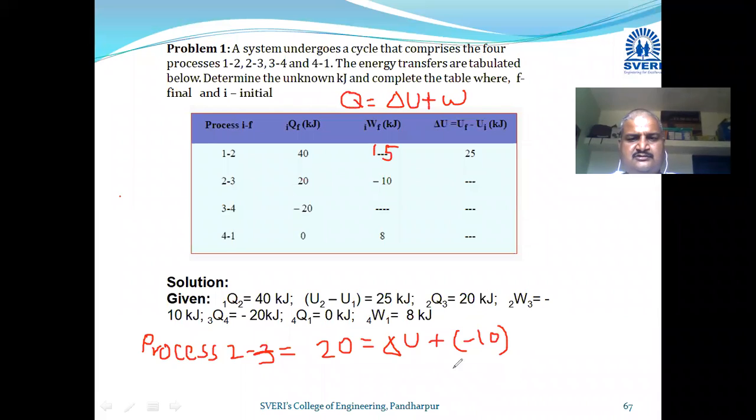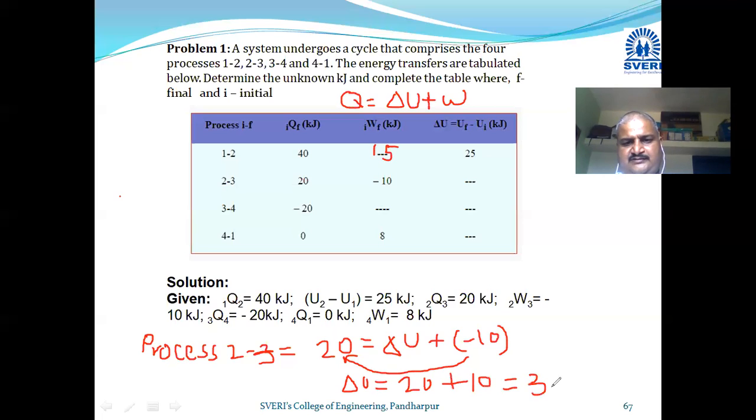Now, when you try to solve it, this minus 10 will go to the LHS and it will become plus 10. So you can write that delta U is equal to 20 plus 10, which is equal to 30 kilojoule.